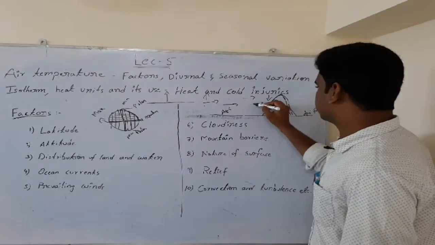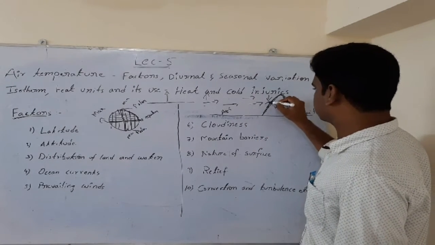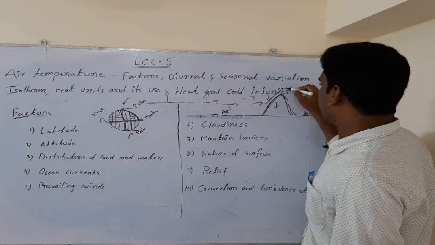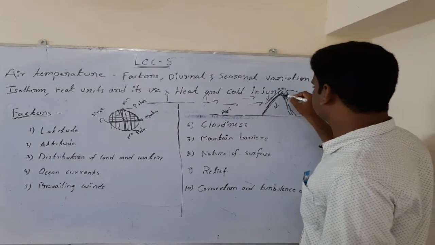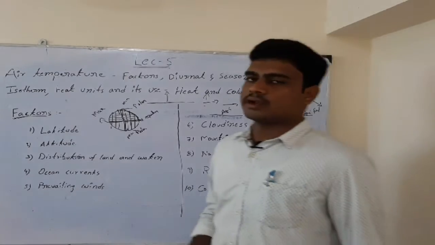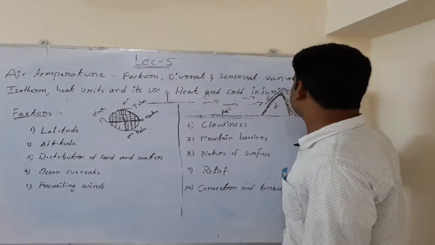Also, because it becomes a barrier, the wind has to climb up the mountain and then slowly come down again. By the time it goes to a certain height and the wind velocity comes down, it will reduce the wind temperature.